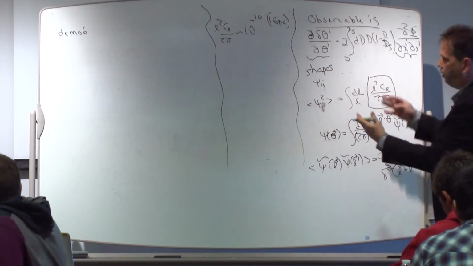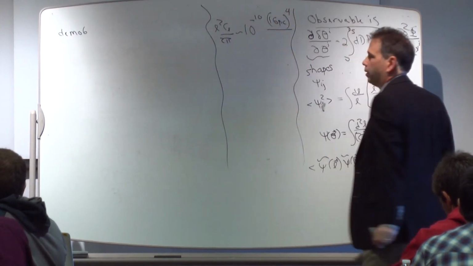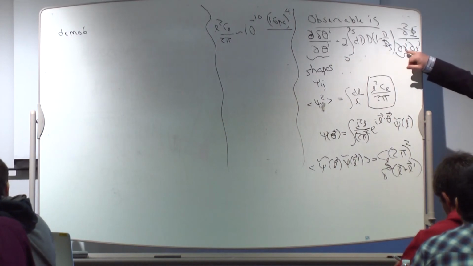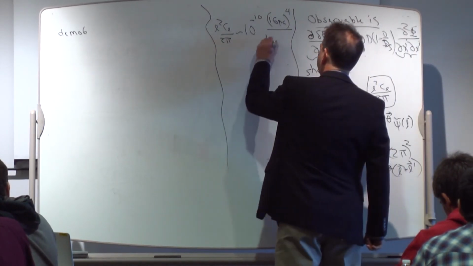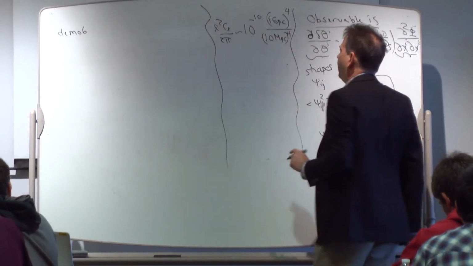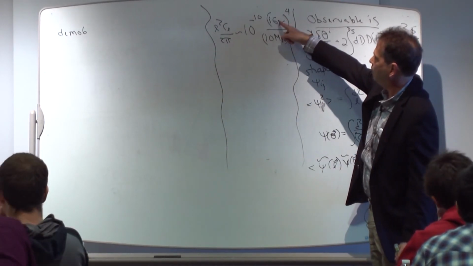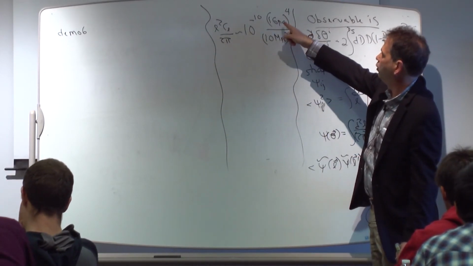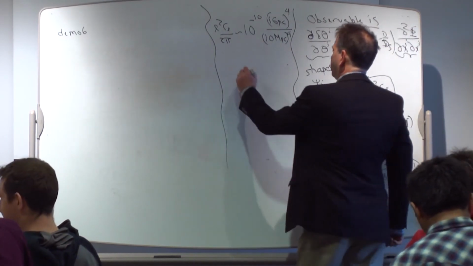When we take the square of this thing to get the variance, we get it to the 4th power. Then what I didn't tell you is the scale on which the potential is changing, so you had to guess that. A good guess would be about 10 megaparsecs, and that again comes in as the 4th power. So our first guess for the amplitude of this spectrum: 1,000 over 10 is 100 to the 4th, which is 10 to the 8th. So it's about 10 to the minus 2.